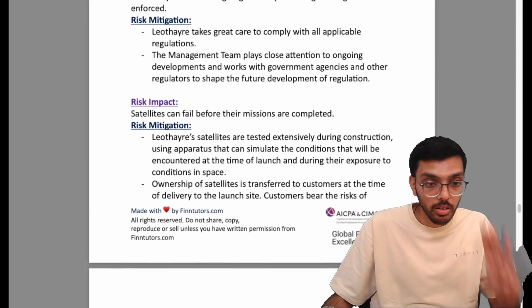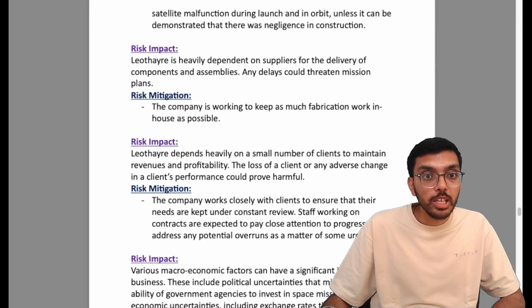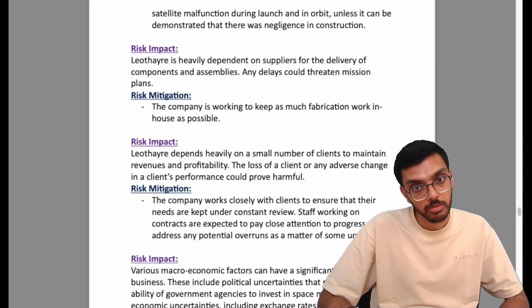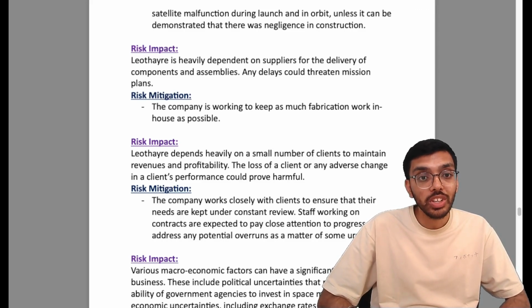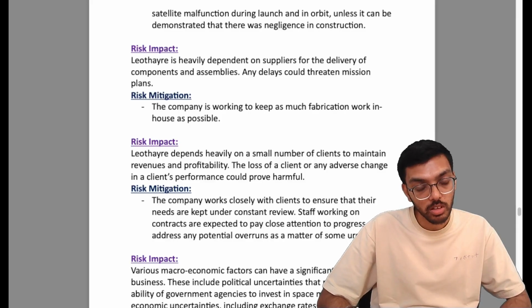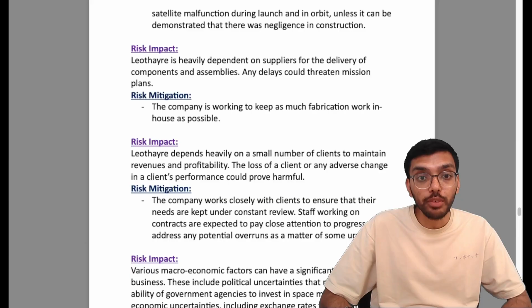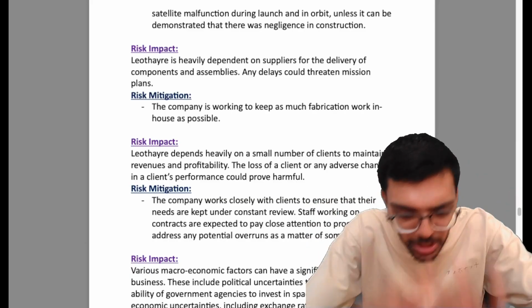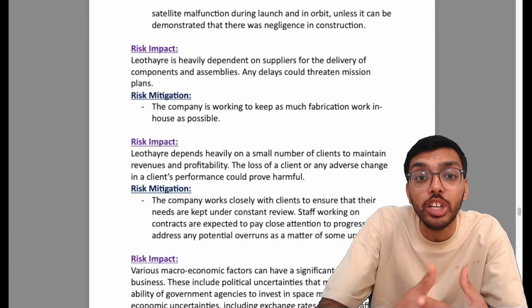Fourth risk, Leothayre is heavily dependent on suppliers for the delivery of components and assemblies. Any delays could threaten mission plans. Again, the mitigation is that the company is working to keep as much fabrication work in-house as possible. So we are trying to do everything we can in-house so that we can control.